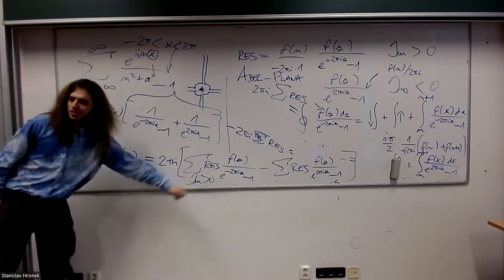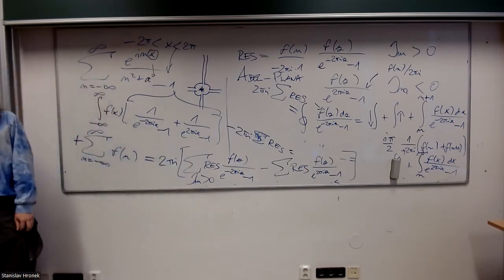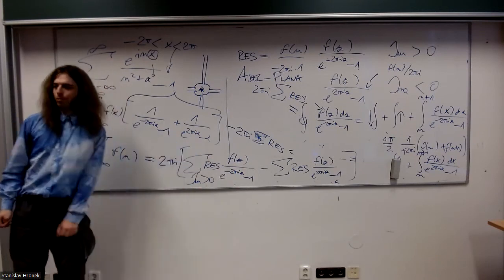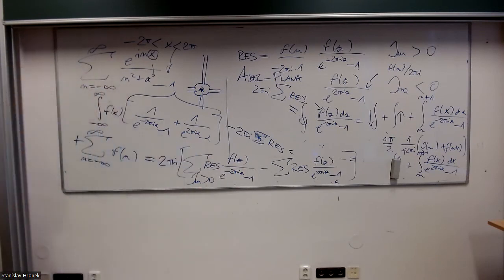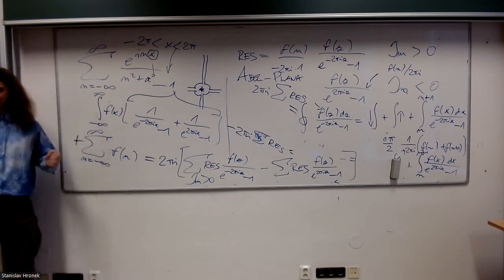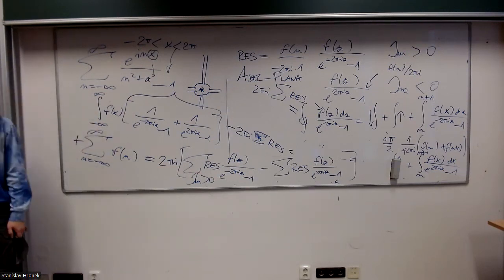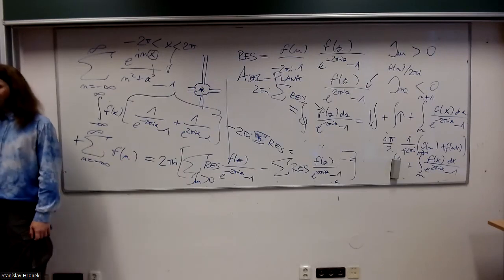Otherwise, this would be weaker, and it would blow up. And of course, you don't want to have poles on the real line, because then this would break down, and you would need to add another residue and so on. It would break down this integral, and you could go to the previous formula.